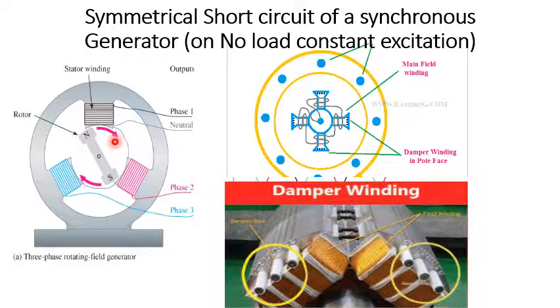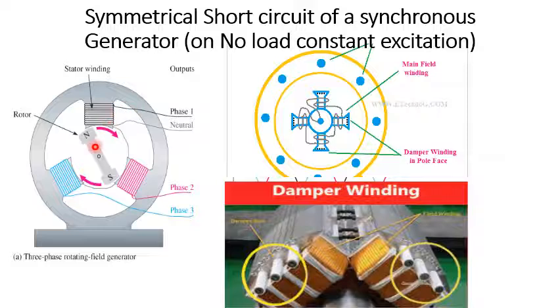Hence a three-phase alternating EMF is induced in the armature winding, resulting in a three-phase current in these windings. This produces a rotating magnetic field which rotates at synchronous speed in the air gap between the stator and the rotor.